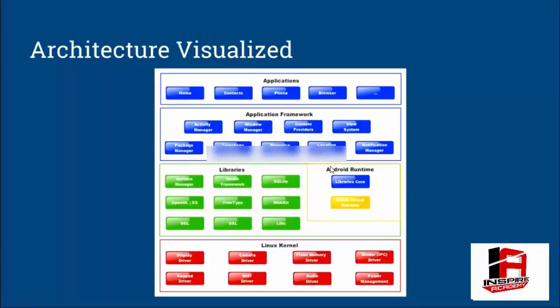That's the blue portion, right above the green portion. And then right above that are the applications. Those are all the things that we are going to create. You'll notice that it says home, contacts, phones, and browser. Those are default applications that Google, or Android I should say, has already created for us.